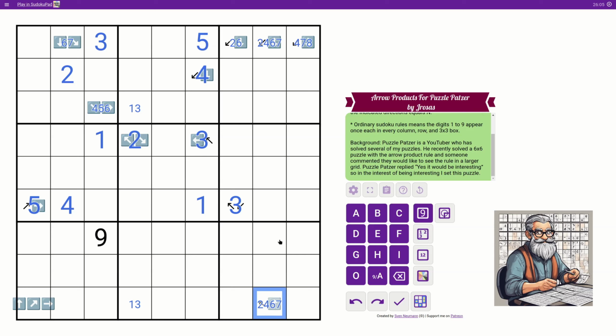That means that 1, 4, 6 or 7 are the digit 1. And that means that 7 here is not allowed, right? I think it does, yeah.